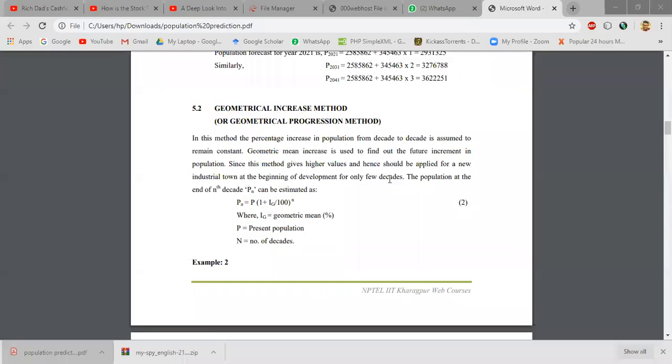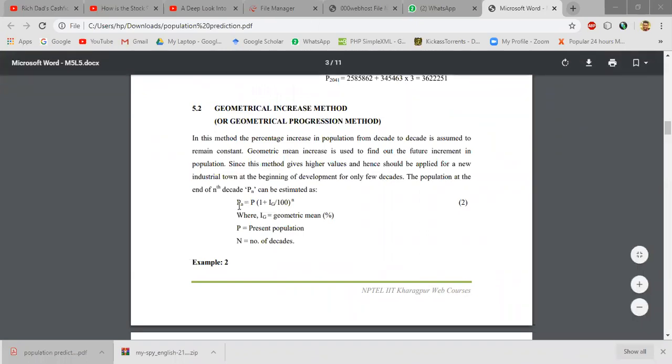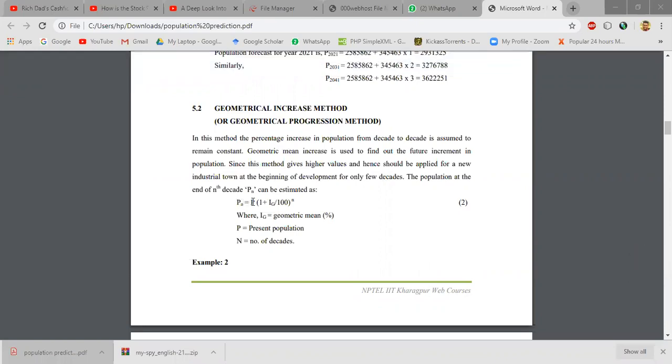Can you see the geometrical increase method? Yeah, there you have an equation: Pn equals P times (1 plus Ig over 100) to the power n. Can you see that equation? So write it down.